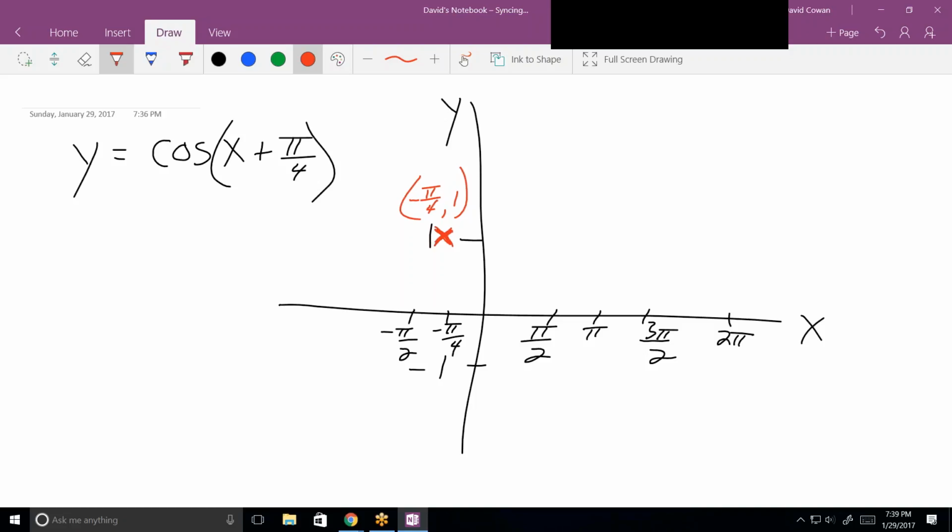And I know my total period is 2 pi. Well, if I add 2 pi to minus pi over 4, I get 7 pi over 4. So I know I have to end it right there, which is 7 pi over 4, comma 1.